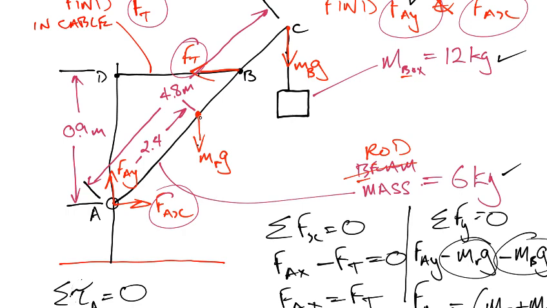And if you'll notice, none of them, MRG, FT, and MBG, none of these guys are actually perpendicular to the distance from point A to where they're located.